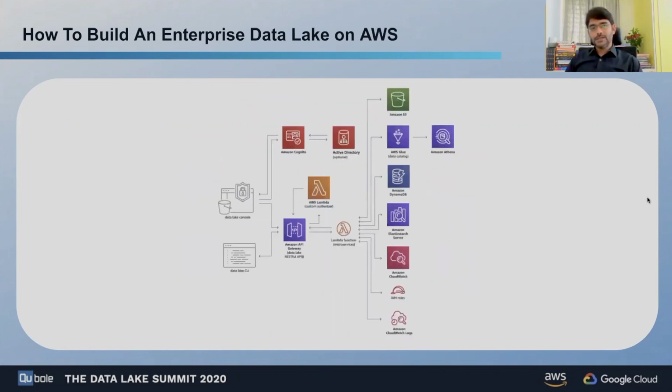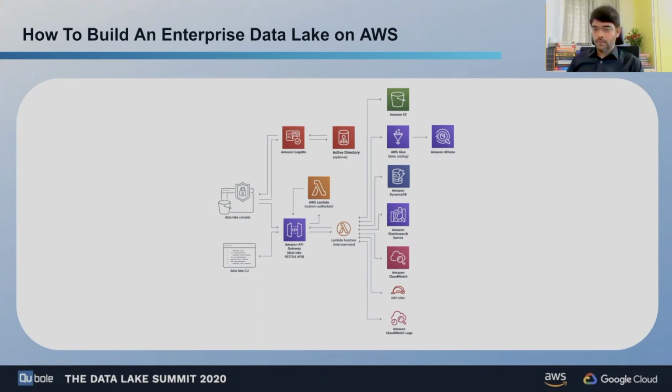Now, the AWS side of this story is not all that different. The fundamentals still remain the same when it comes to ingestion, cataloging and search, security, access and API interfaces, and the processing layer, right? But then there are multiple ways for you to build an enterprise data lake on AWS. This was one of the earlier ways.